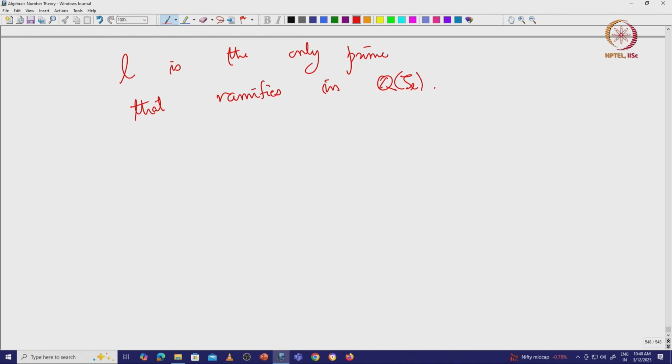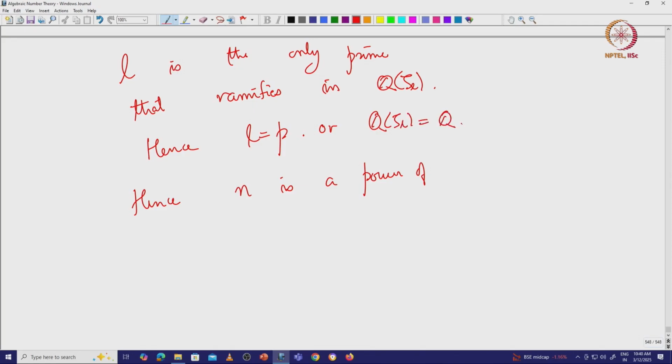So, L better be equal to, so hence L is equal to p, right. Hence n is a power of p, right. Or Q(zeta_L) is equal to Q, in which case L is equal to 2.